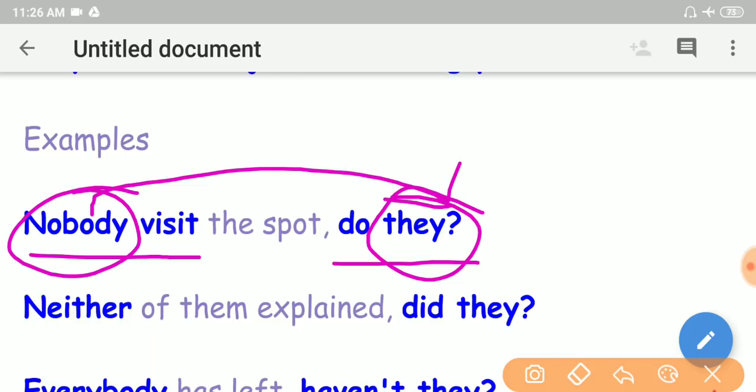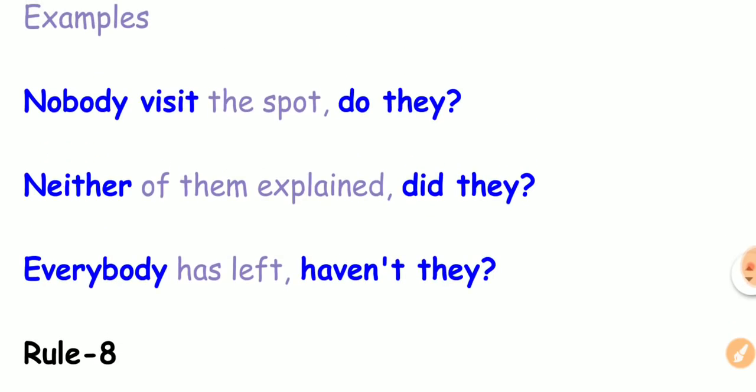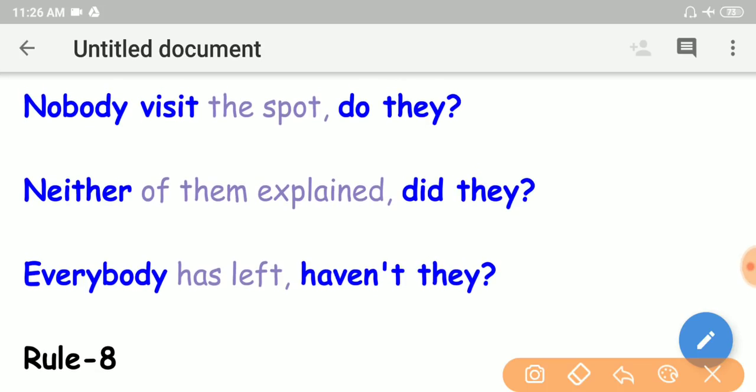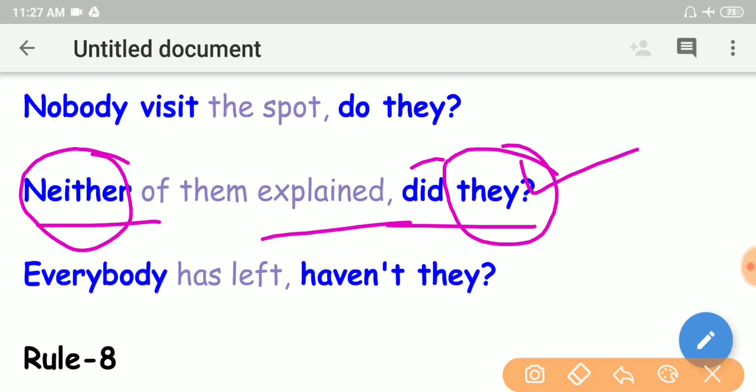At the same time, neither of them explained. So the subject of this main sentence is neither, but the subject in the question tag is they. That one you must understand. Neither of them explained, did they? So neither is in a negative sentence, that's why a positive tag should be used.